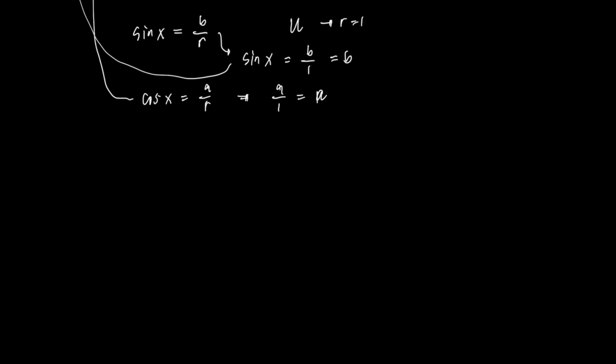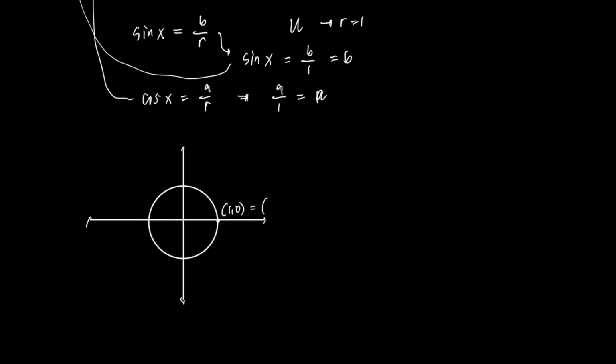First, for the quadrantal angles, suppose this is our circle here. For the 0 degrees or 360 degrees or 2 pi, this one here is (1, 0). And take note that is our (a, b) there, and our a again is cos x and b is sine x.